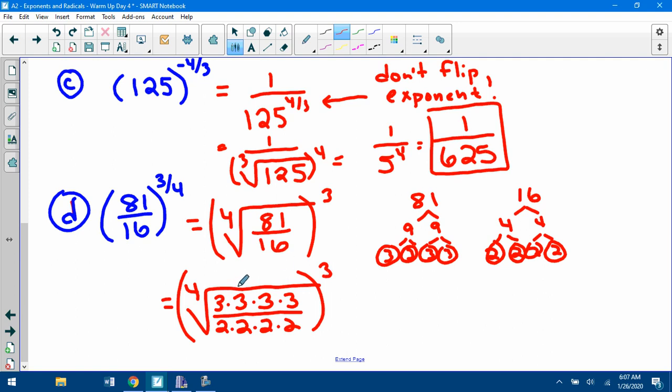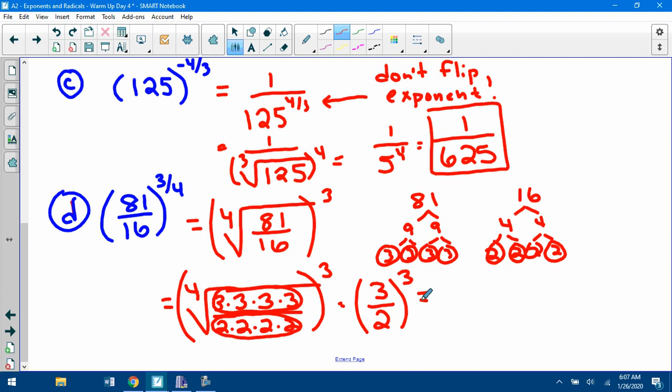And since I'm learning the fourth root, if I wanted to simplify this, what types of groups would I be looking for? I'd be looking for groups of 4. So conveniently, there's 4 on both. So a 3 is going to come out on top. A 2 is going to come out on the bottom. There's nothing left under the root anymore. So we just have 3 halves cubed.